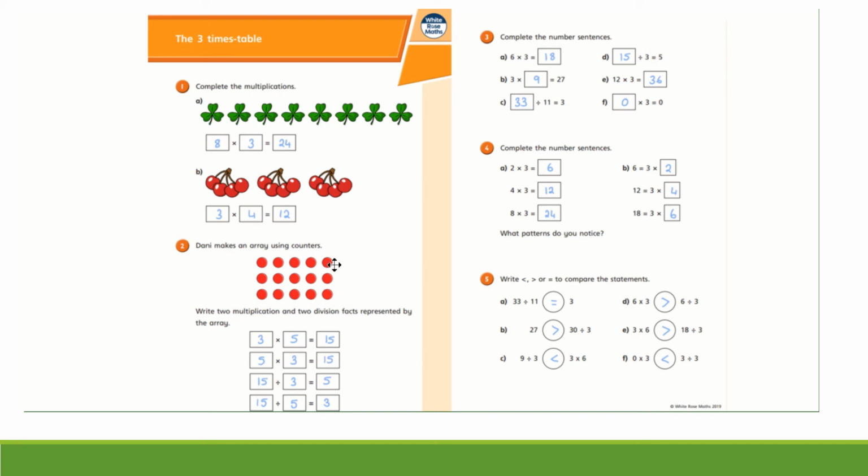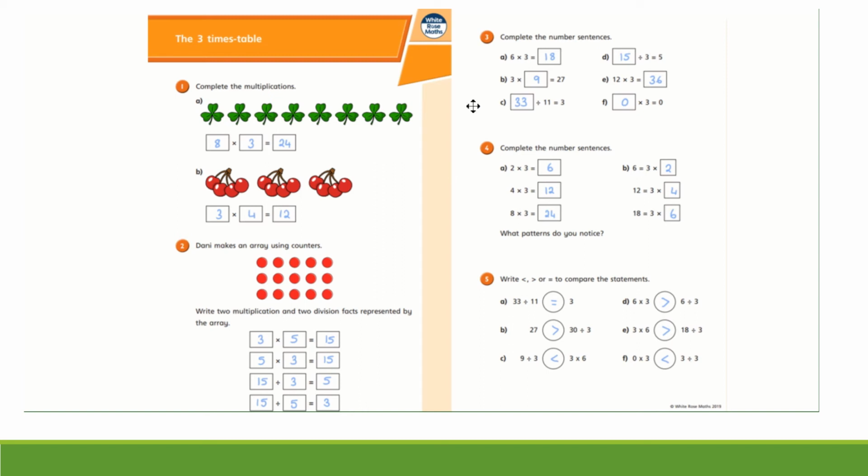We can have 15 altogether, divided into groups of 3, and the answer is 5. So 15 divided by 3 equals 5, and we can have 15 divided by 5 equals 3. So those were your related facts. Did you get those correct?